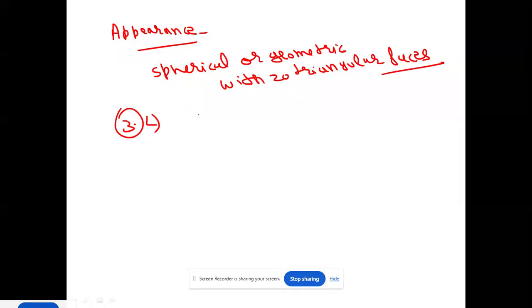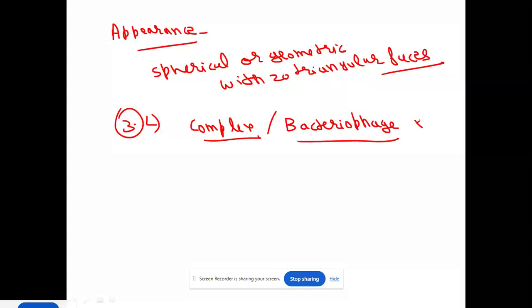Next I am discussing the complex. So the complex type of shape is also seen in a virus, which is the bacteriophage. Important. Have you heard about this word in your school, bacteriophage?